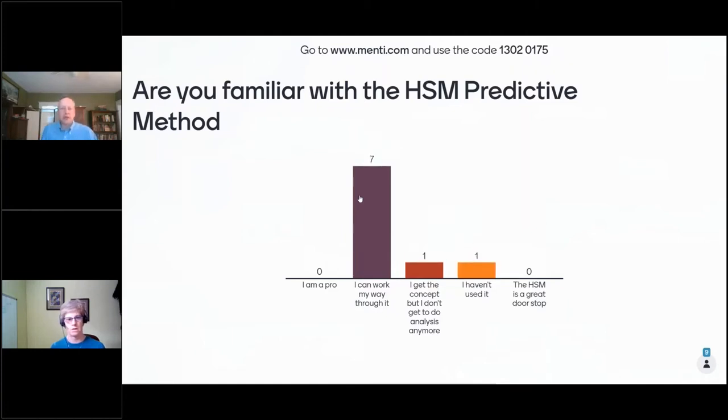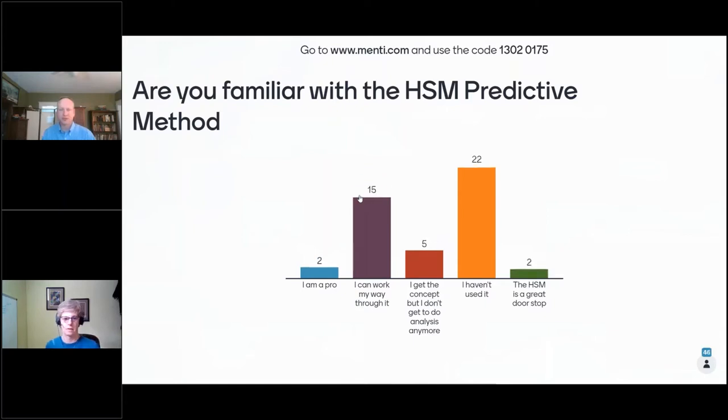Just a reminder, if you weren't with us yesterday, or you were and you forgot, it's menti.com right there at the top of the screen, and that code, and you can do it on your computer or on your phone, however is convenient. Like yesterday, we'll use it throughout.